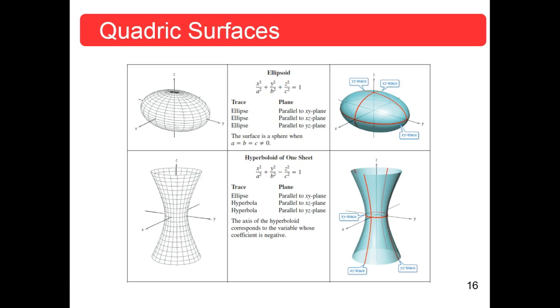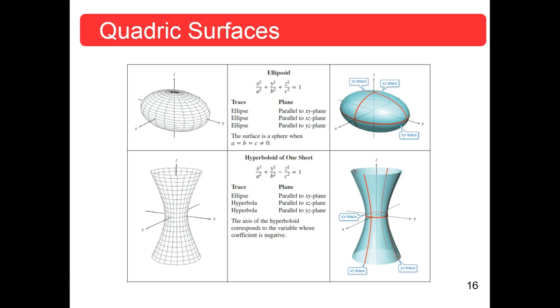Okay, now what makes this an ellipsoid? If you do your traces parallel to the XY plane, every trace on the XY plane gives you an ellipse. Everything parallel to the XY plane, you get an ellipse.